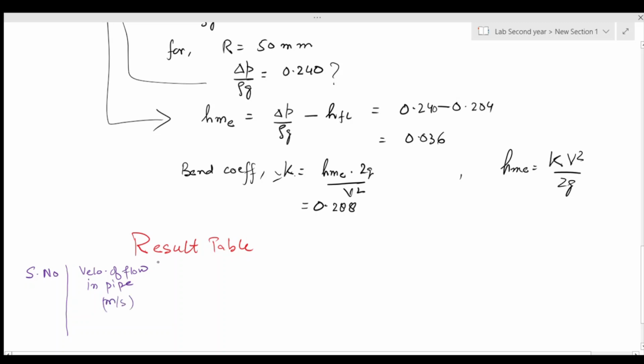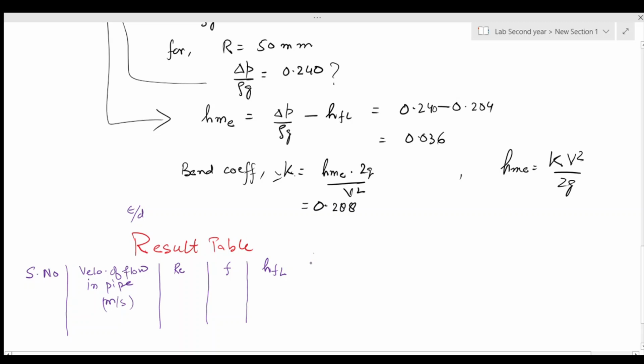Choose your units, let's say meter per second. From there I need to find the value of Reynolds number. Then I would find value of my friction coefficient. Now for this pipe, for finding my friction coefficient, my epsilon is not going to change. Epsilon by d, diameter of pipe, again that is not going to change. It's only my Reynolds number which is changing. After that I would find the value of loss due to friction, HFL.